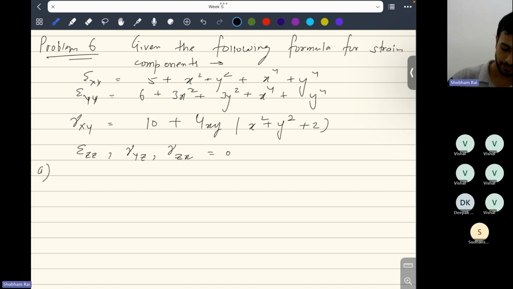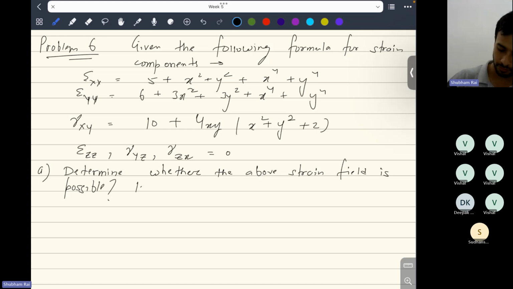What you have to do is determine whether the above strain field is possible or not.